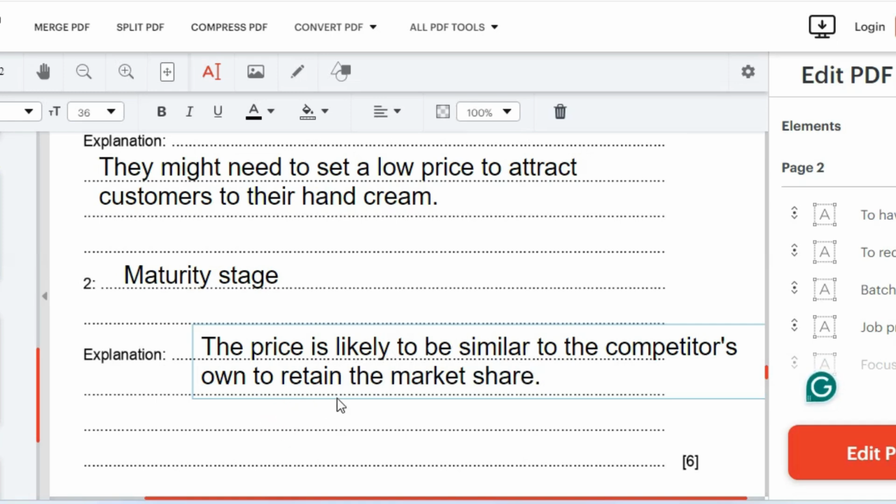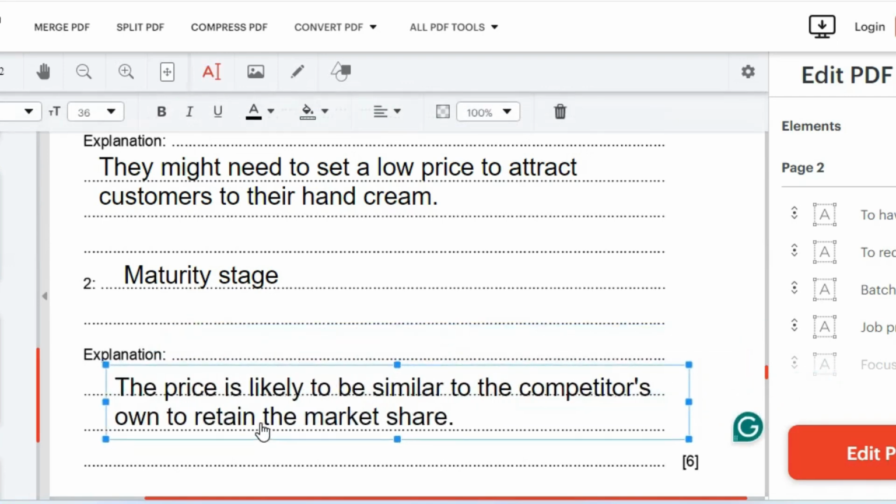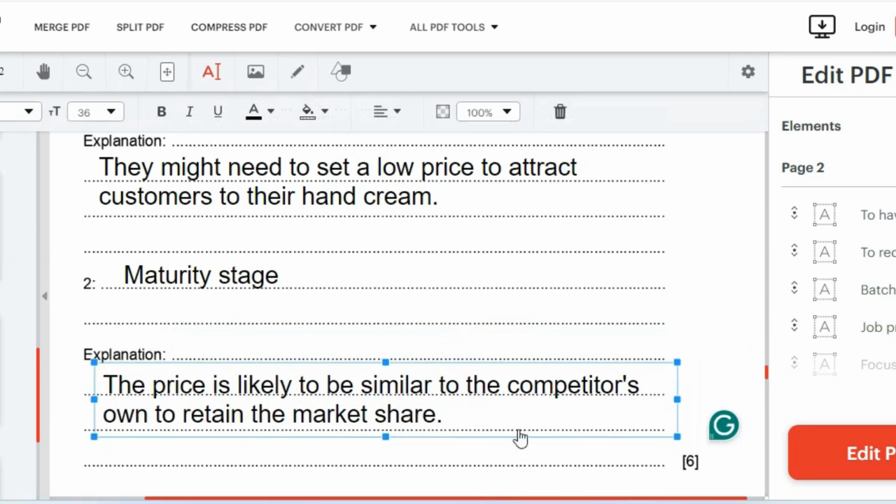Now, that is also a brief explanation of how the maturity stage can affect the price.